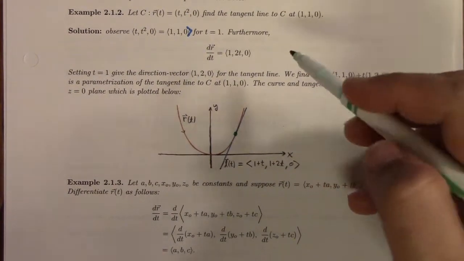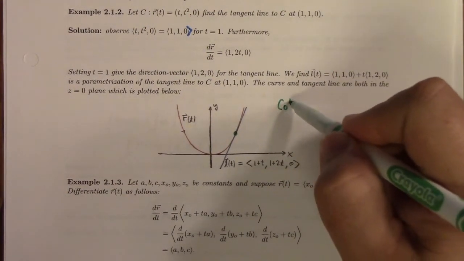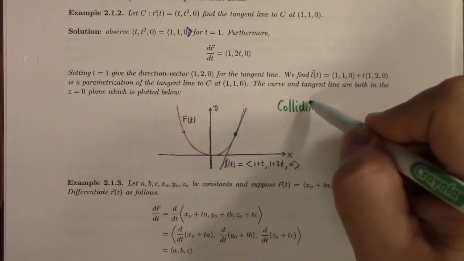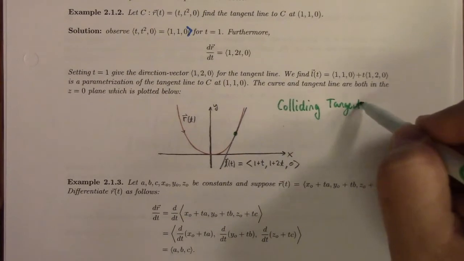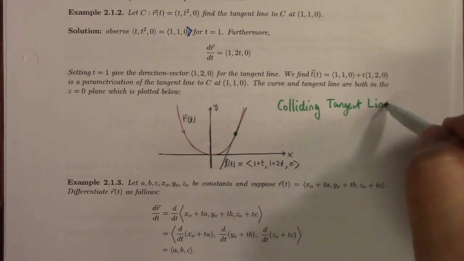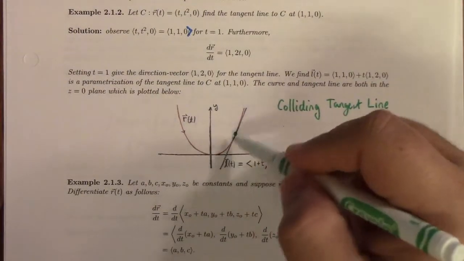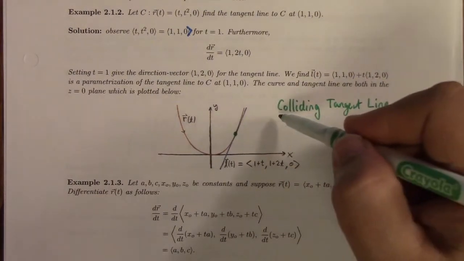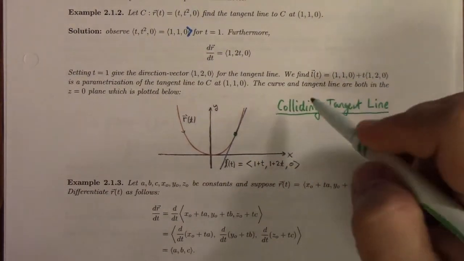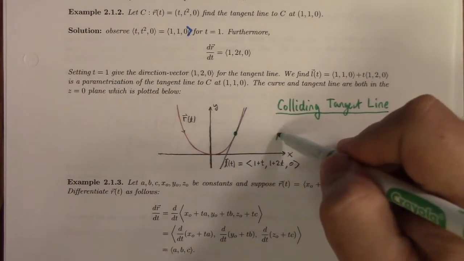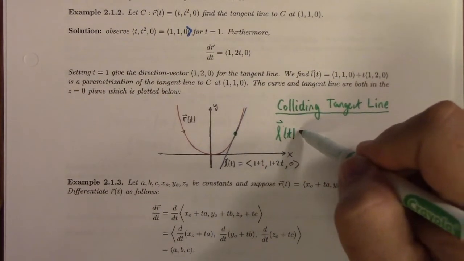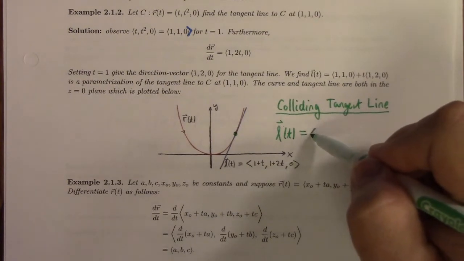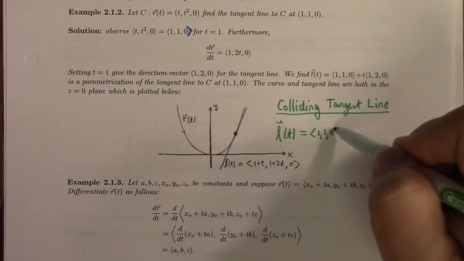Now, if you want the colliding tangent line, in other words, you want the tangent line to be such that when you're at the point of tangency, your path and your tangent line collide, if you think of them as particles, you can just do the same thing that we did, basically I'll do it for this one, 1, 1, 0.